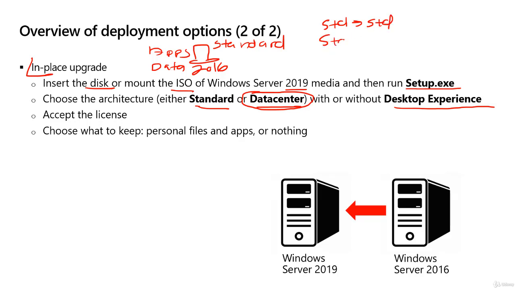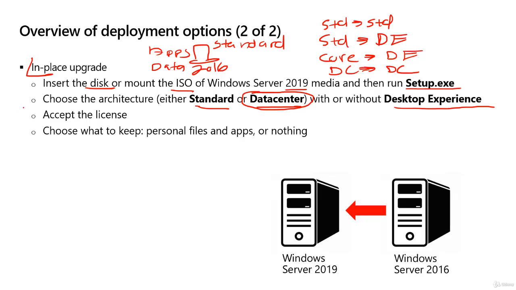You can go standard to desktop experience without a problem. And you can go from core to desktop experience. But you cannot go the other directions. And I didn't put it in the list, but naturally, you can go from data center, I'll say DC for data center, to data center. So you just can't have a reduction in capability with that.